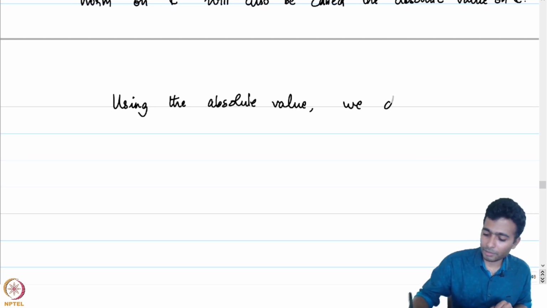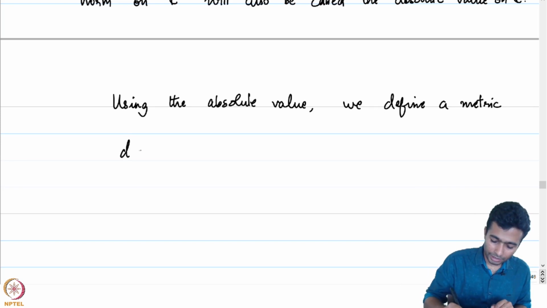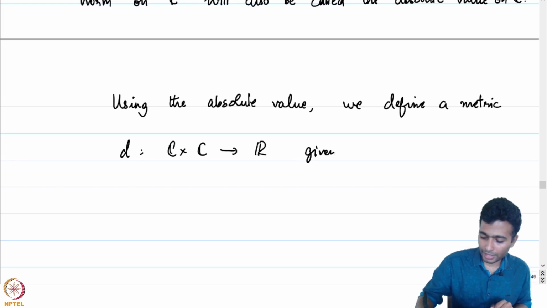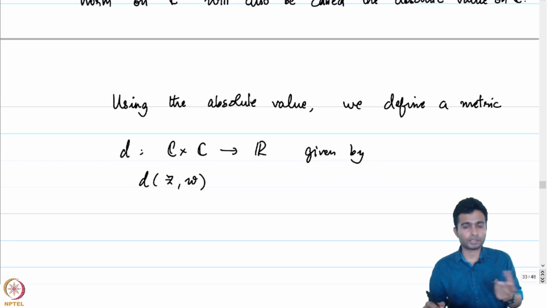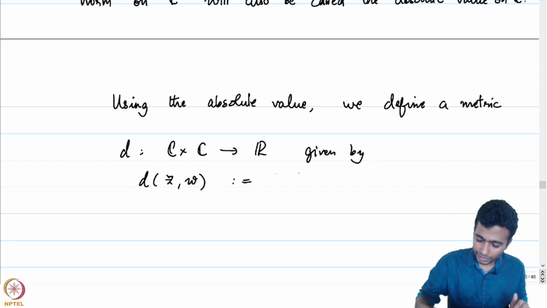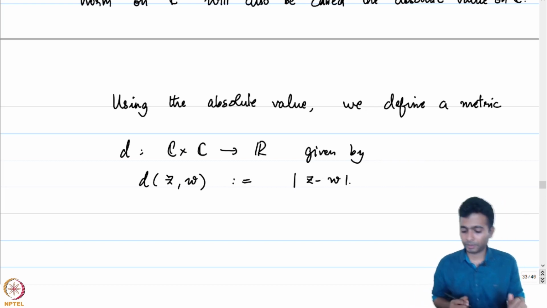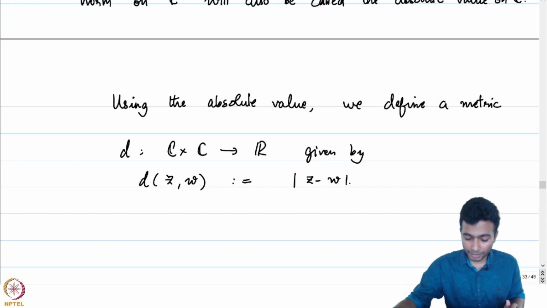We define a metric d, which is from C cross C into R given by d of (z, w). Let's take two complex numbers z and w. This is defined as the absolute value of z minus w. This will turn out to be a metric on C.